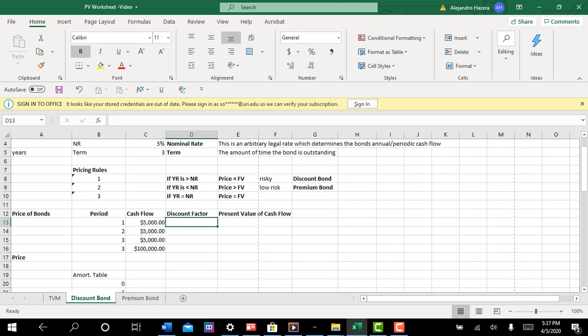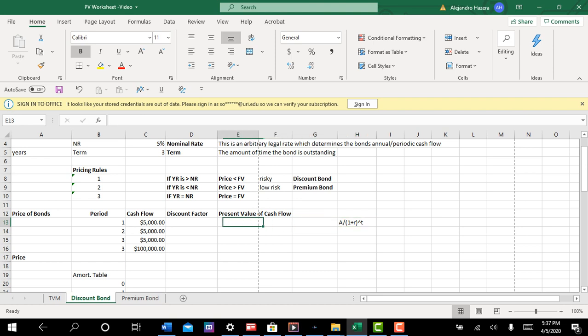Okay, now how about our discount factors? I'm going to go ahead and just put in here, just to remind you, the equation for the present value of an amount that we did before. It's the amount divided by 1 plus the interest rate raised to the time.